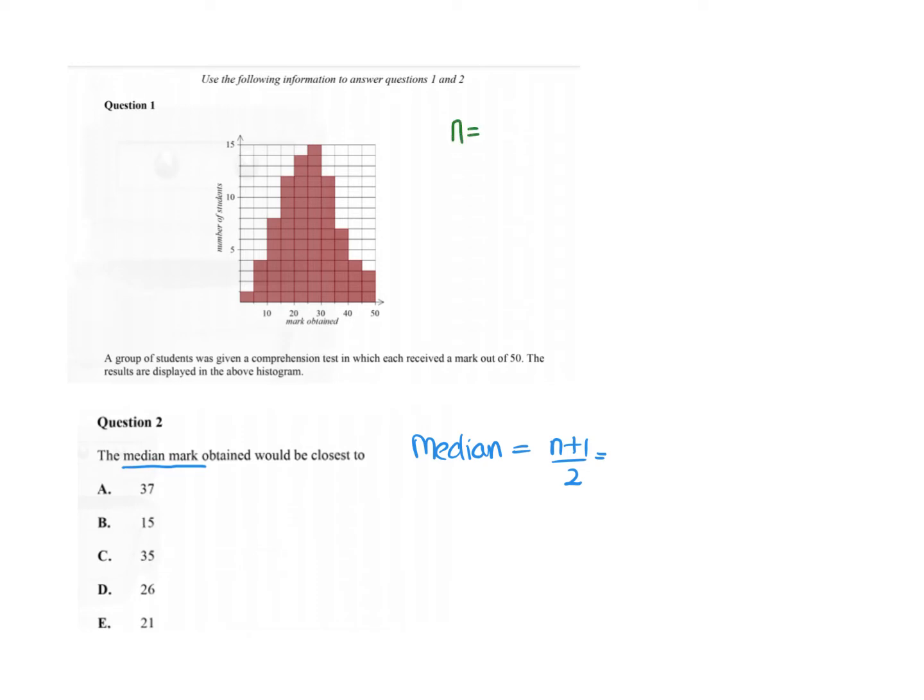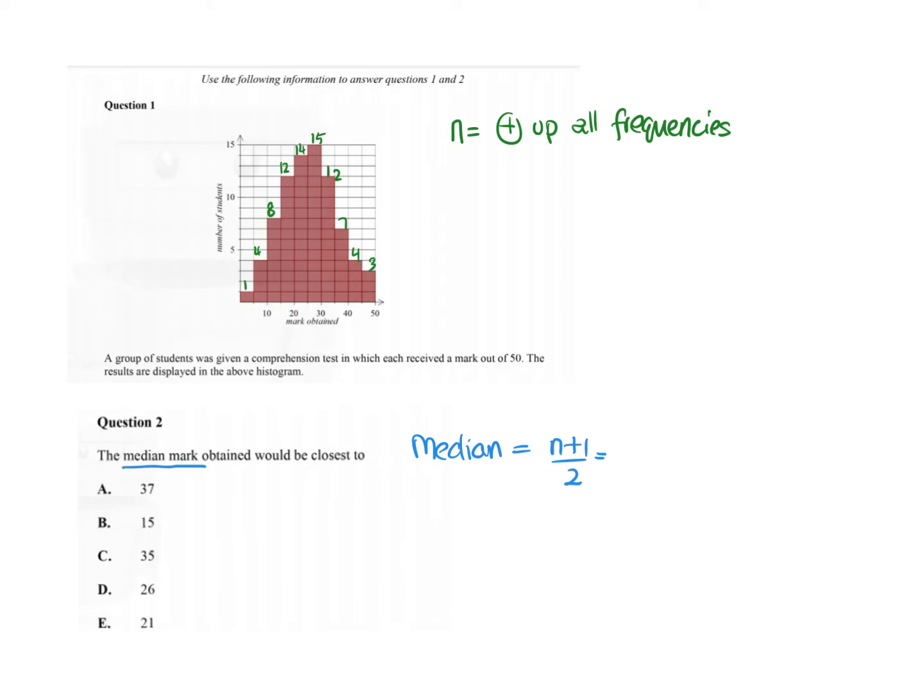So for n, we can add up all the frequencies. So I'm going to do that first. If we look, we've got 1, 4, 8, 12, 14, 15, 12, 7, 4 and 3.